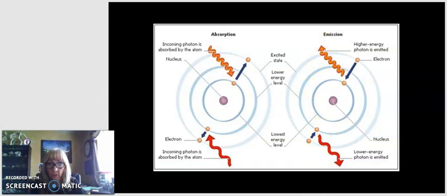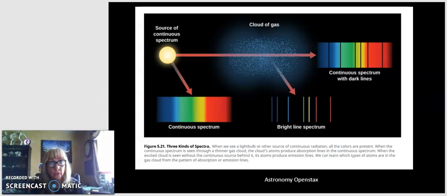So, this is the clue of what's going on with these spectral lines, why we have lines on our spectra. Okay, so if we have a continuous light behind something, here's the light of a star, and there's an atmosphere or a cloud of something, and it's cooler, it's going to absorb the photons that are coming off of this light.